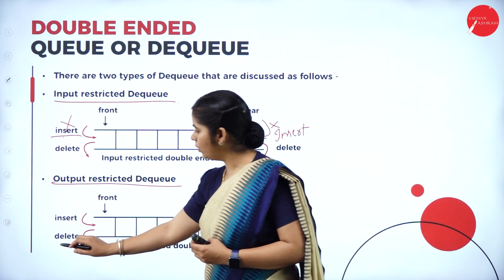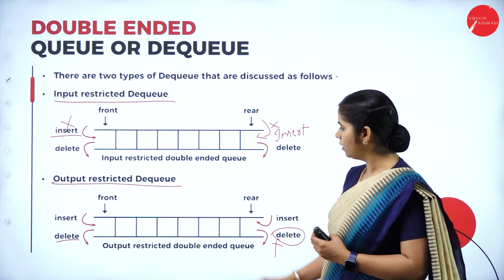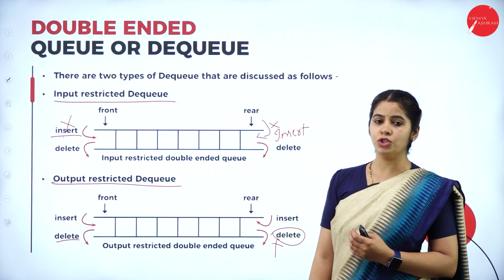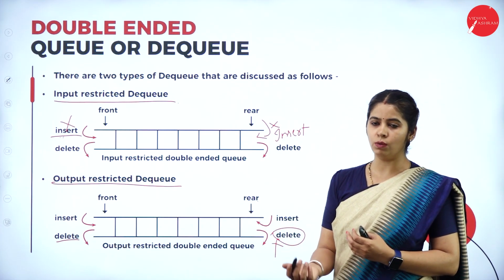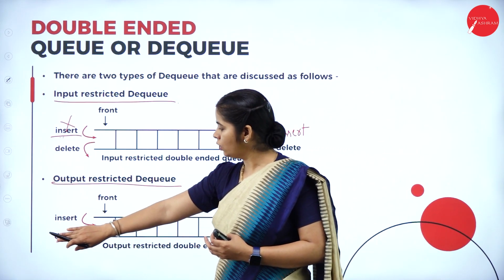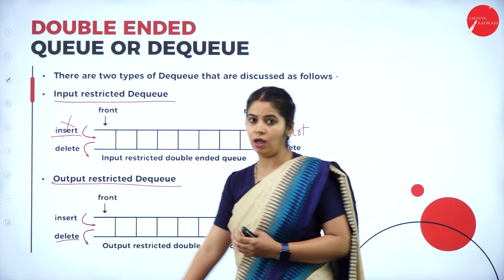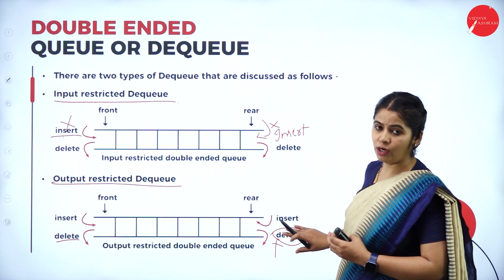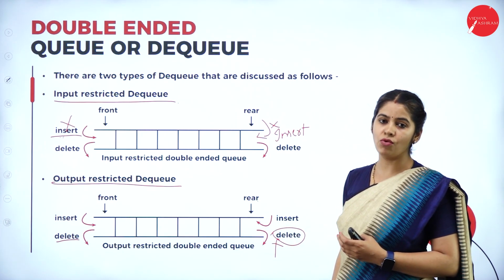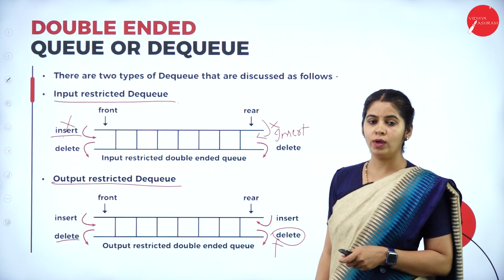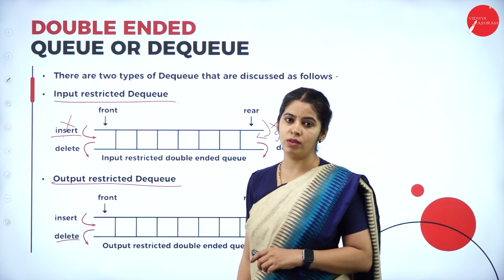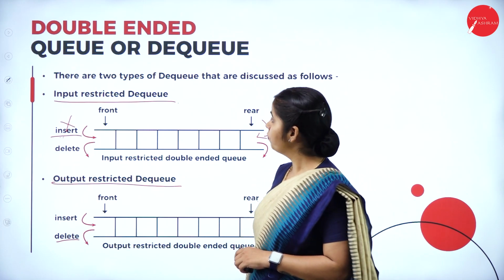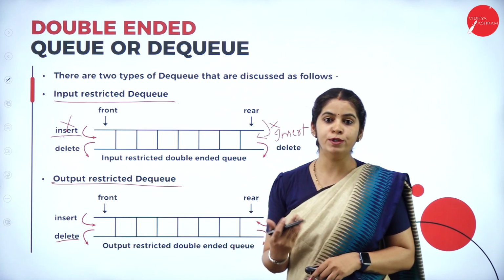We don't want to delete from the front end. We can put the restriction either way, vice versa: you can restrict deletion from the front end, or deletion can be handled only by the rear end. Either way you can implement the restrictions on the double-ended queue. This is all about the different types of queue.